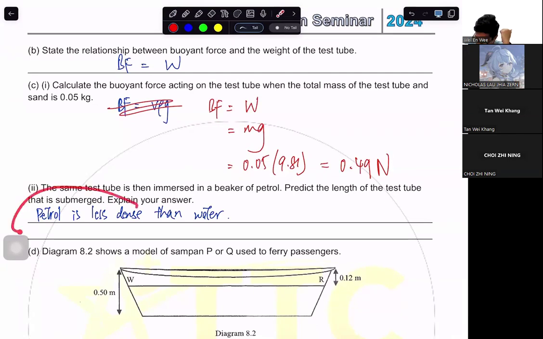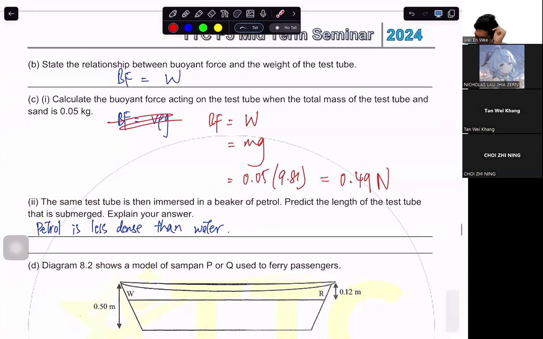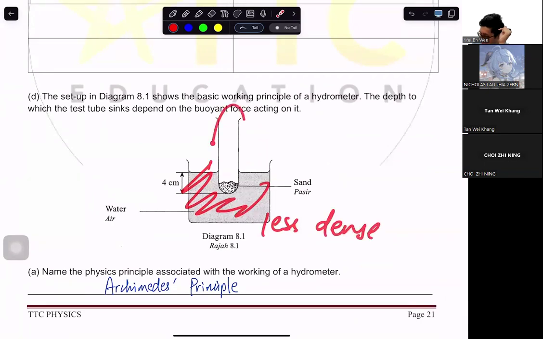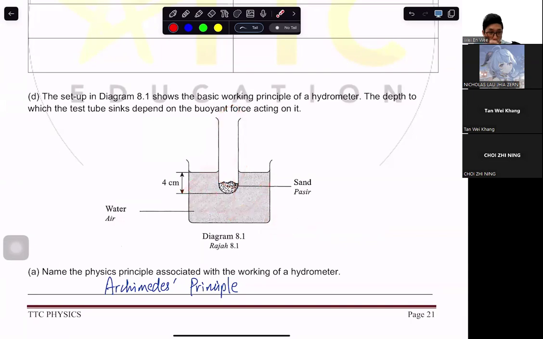But if you go into something that is less dense, that means you are now quite dense, so you will sink down even more. If whatever is around you is less dense, that means you have become denser, so you will sink down even more.